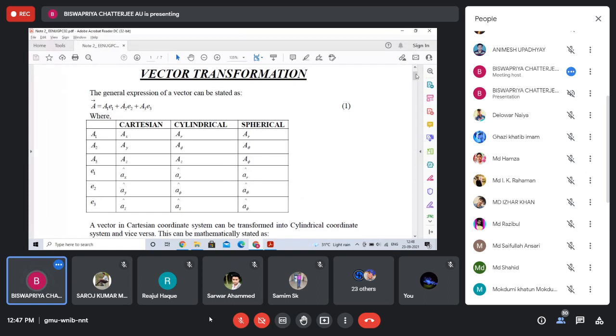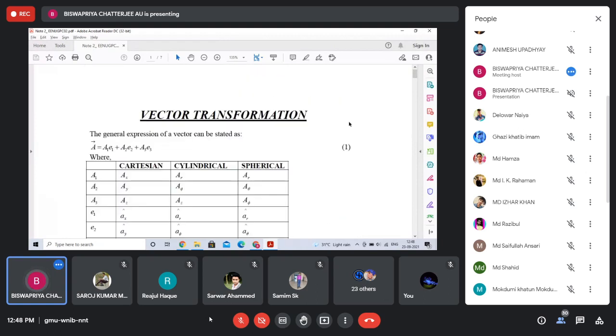Last topic for today. Previous day we discussed how to transfer one point from one coordinate system into another. Now, what will happen if a vector is there?